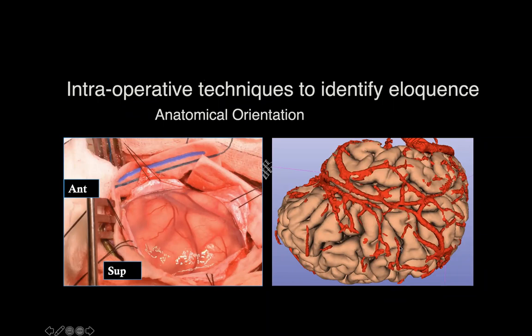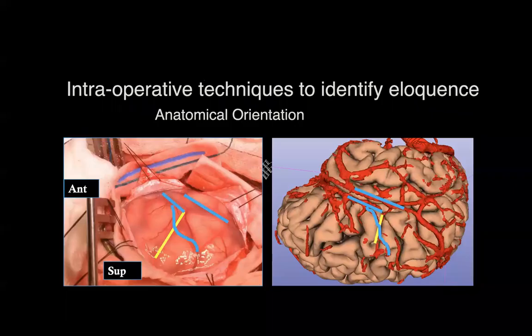That allows us and allows the surgeon to understand where the vessels are in comparison to the gyrus which is pathological, to avoid complications due to strokes. So that's very, very important.